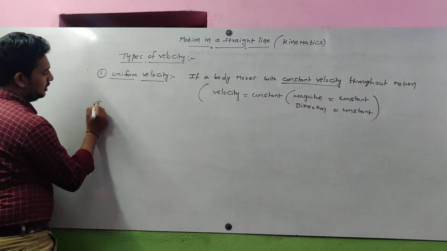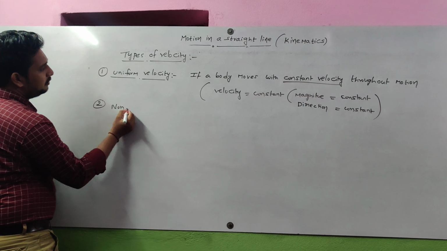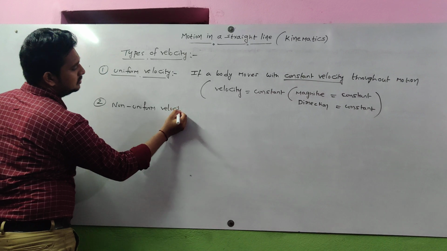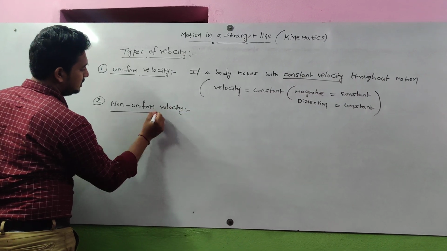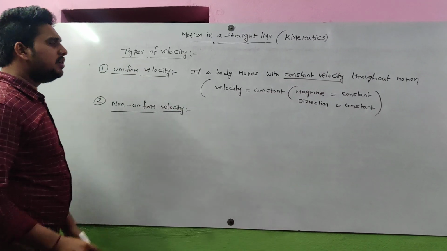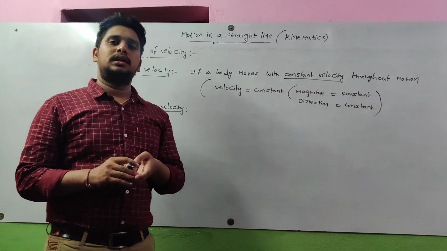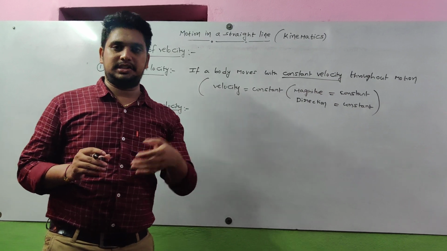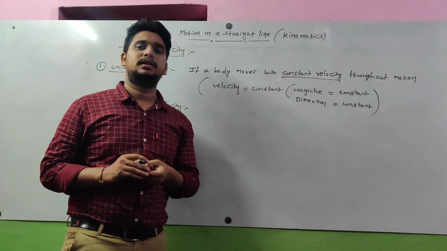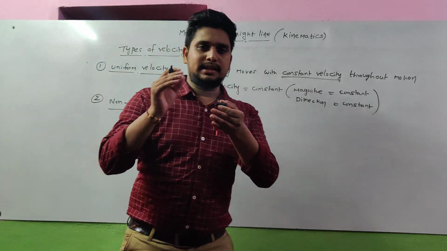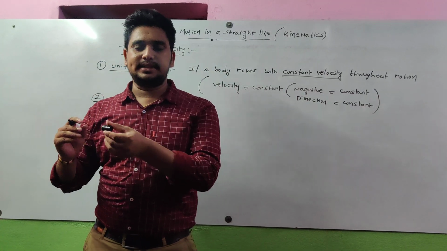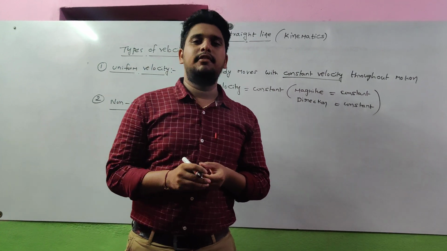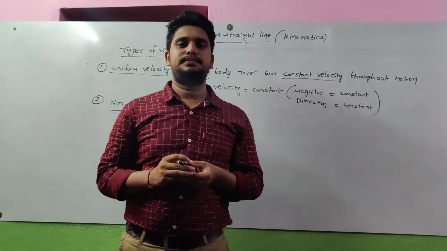Next, non-uniform velocity. Suppose your body has constant magnitude but varying direction. For example, let us consider a car traveling on the road with a velocity of 50 kilometers per hour.